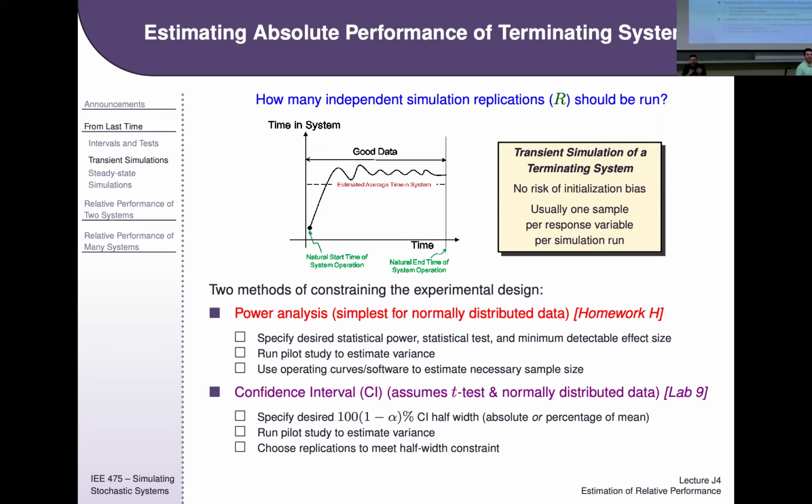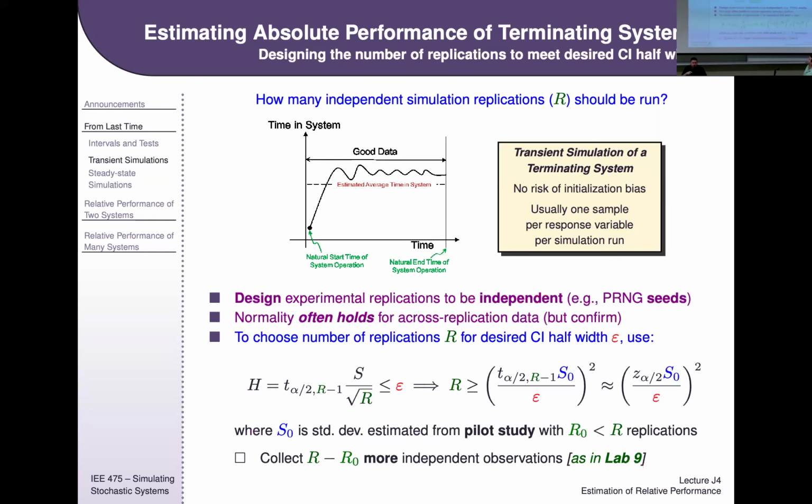A little bit simpler way is what we did in Lab 9, and what we talked about last time: if your stakeholder specifies a desired size of that confidence interval, and now we know how to interpret confidence intervals, if your stakeholder says, I want my confidence interval to have this half width, then a pilot study to get an idea of how much variance is in your sim helps you solve for how many replications you need to satisfy that constraint. So those are two different ways you can decide how many replications you're going to run.